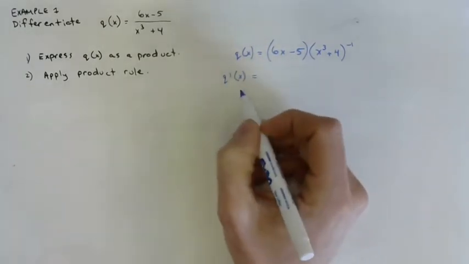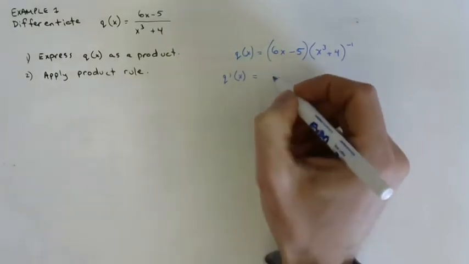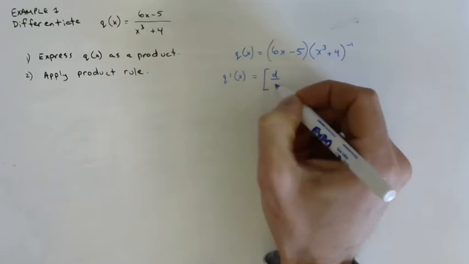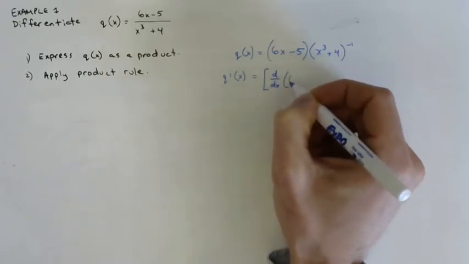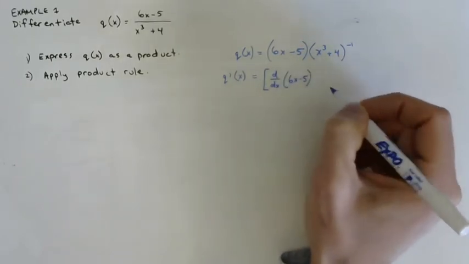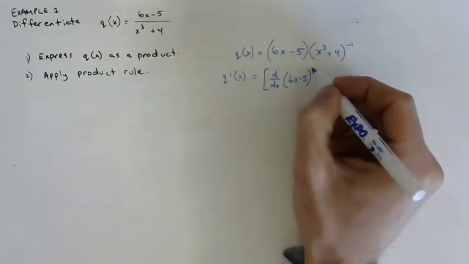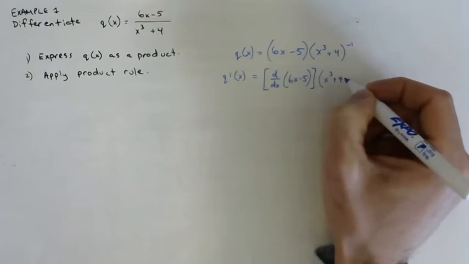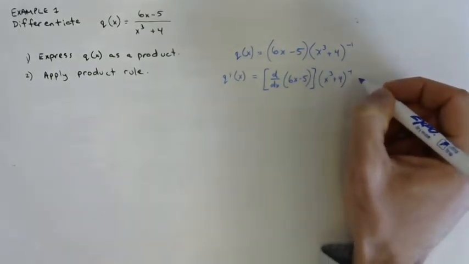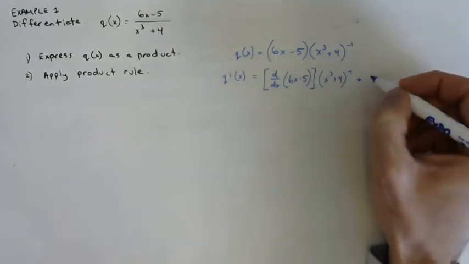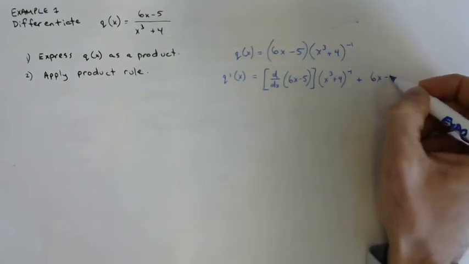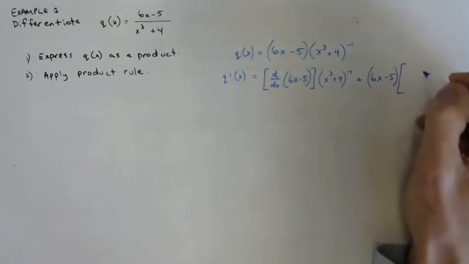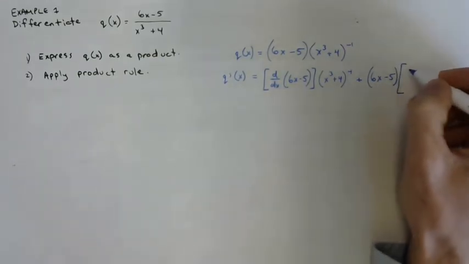The derivative of q of x is the derivative of the first function times the second function, plus the first function times the derivative of the second function.